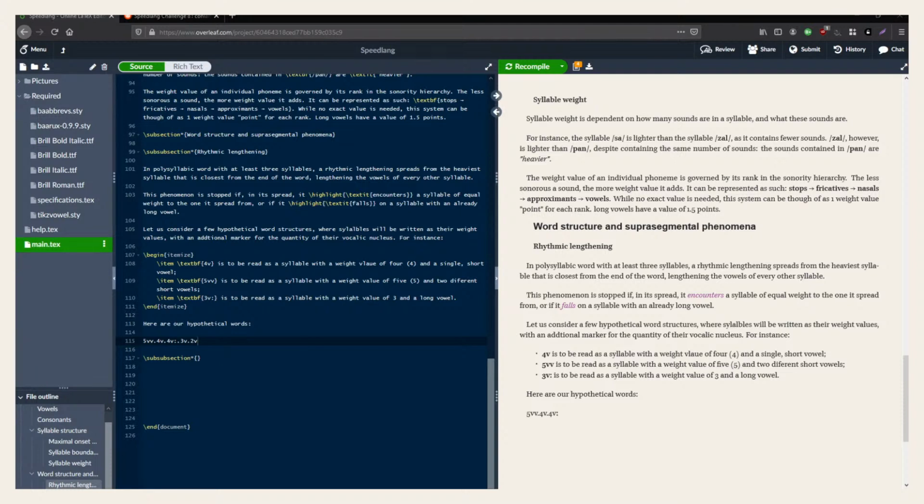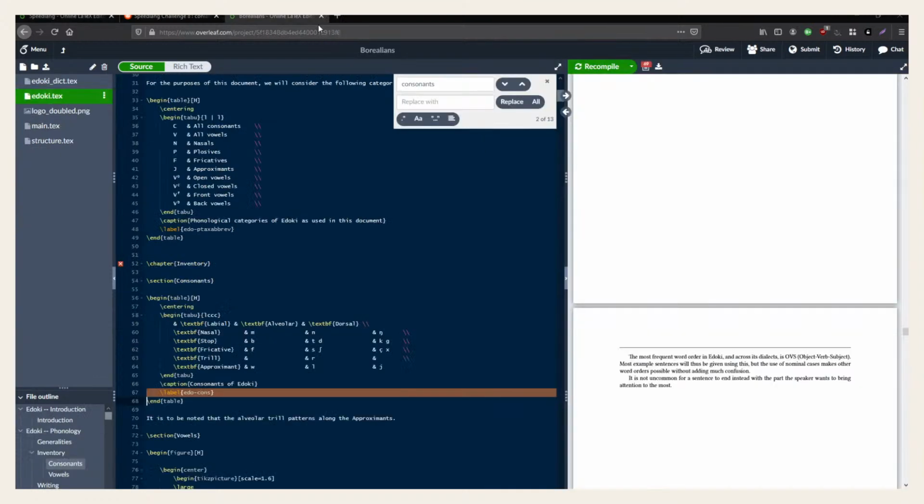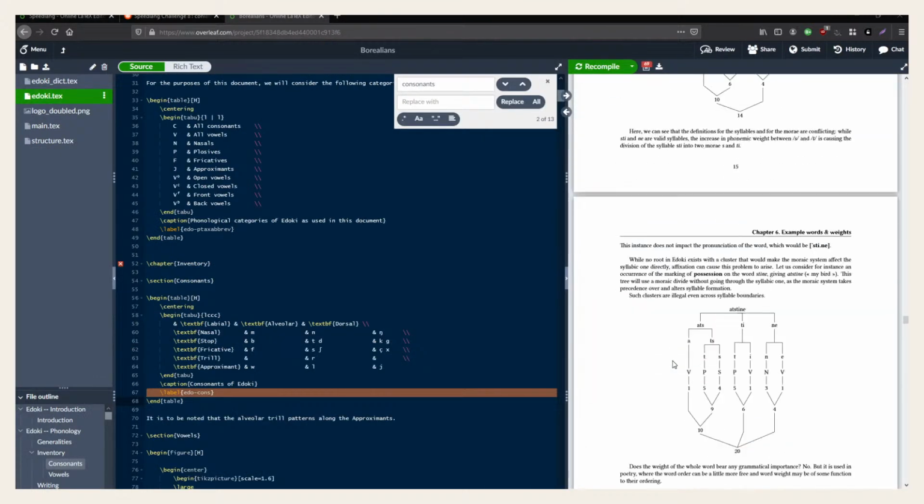I did that in another grammar of mine for something that also has to do with weight values. Let me just find the page, and it gets quite complex. This.